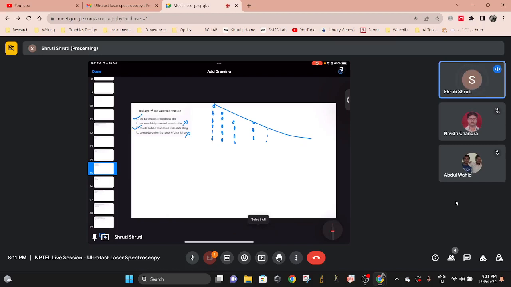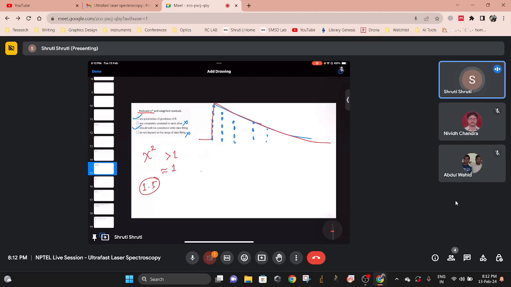How good the fitting is, this red one is my fitted data, is defined by the chi-square. Chi-square should be more than 1 and near to 1. The good fit we consider is chi-square of 1.1 to 1.5, at max 1.5. More than that, it is a bad fit.